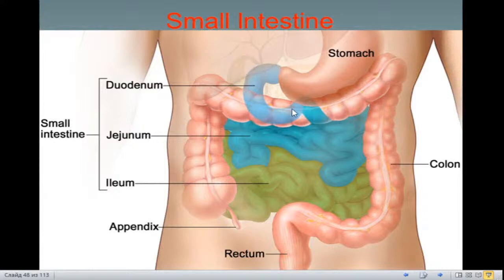So it's a horseshoe shape, as you can see, but in kids it's almost C-shaped, having no exact flexure, superior duodenal flexure and inferior duodenal flexure.